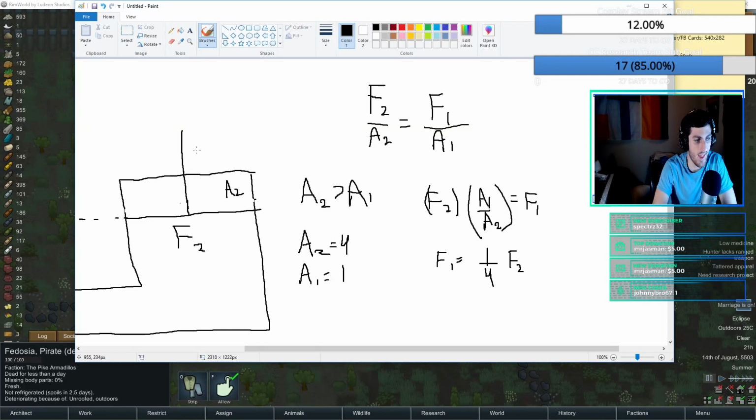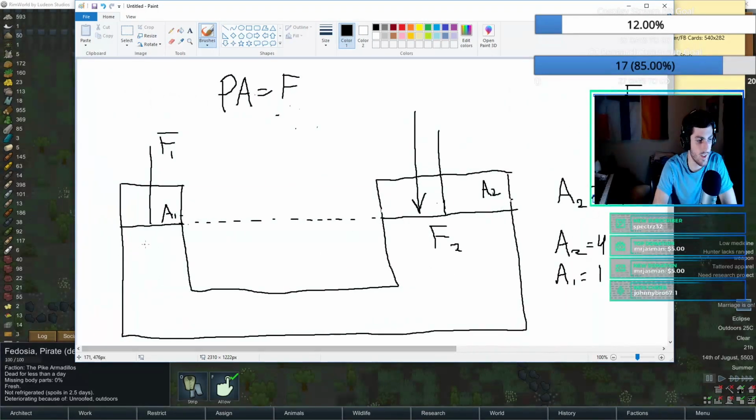So if we apply a force like this on this face, then the force that we feel to compensate over here is going to be 4 times greater than the force we apply.